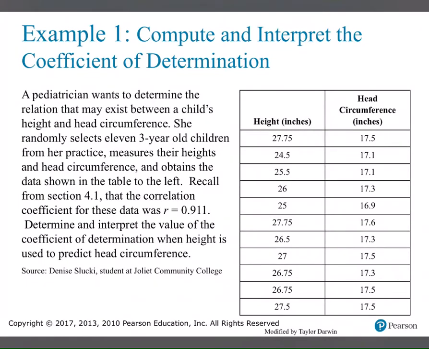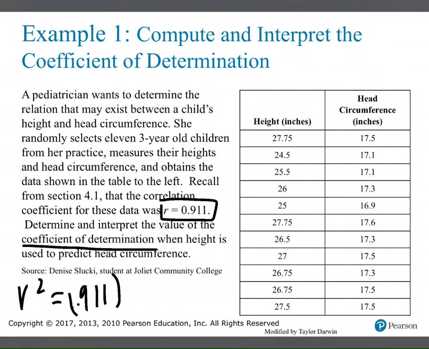Okay, here's our head height and head circumference example, and recall we got r equals 0.911. It says to determine and interpret the value of the coefficient of determination when height is used to predict head circumference. So I am going to square 0.911, and when I square that value, I get 0.8299.